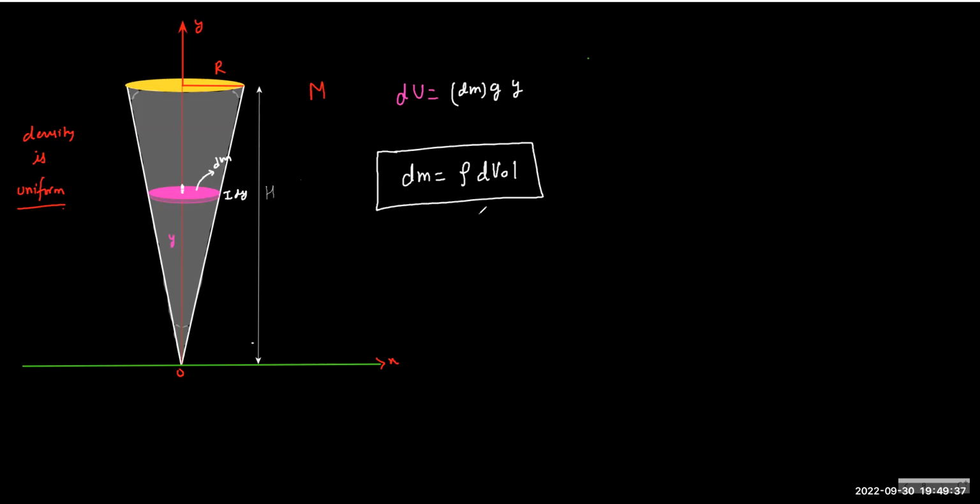We know the volume of the element; we have done this before. So you will move y and assume this as radius r, and then you can replace r in terms of capital R, small r, y and h. You have to do a lot of calculation, but you can do it. So write d volume, substitute in terms of y, do the integration and tell me the answer.